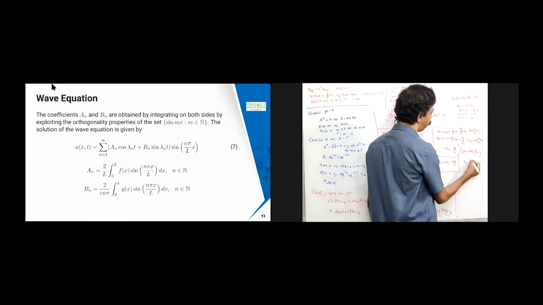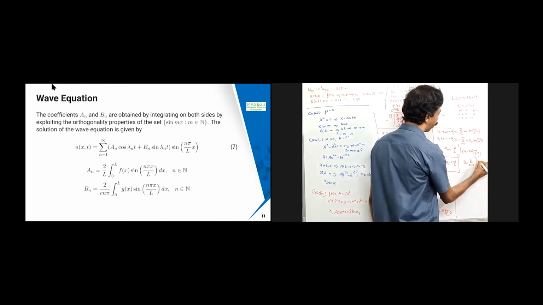So you are going to get 2 by c n pi, integral 0 to L g of x into sin n pi x by L dx. This is going to be your final solution.